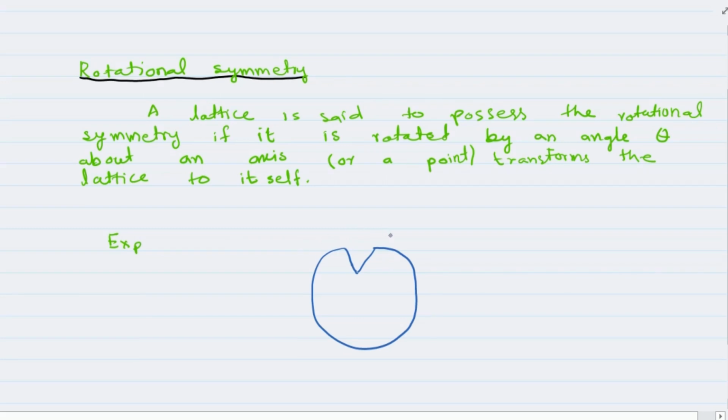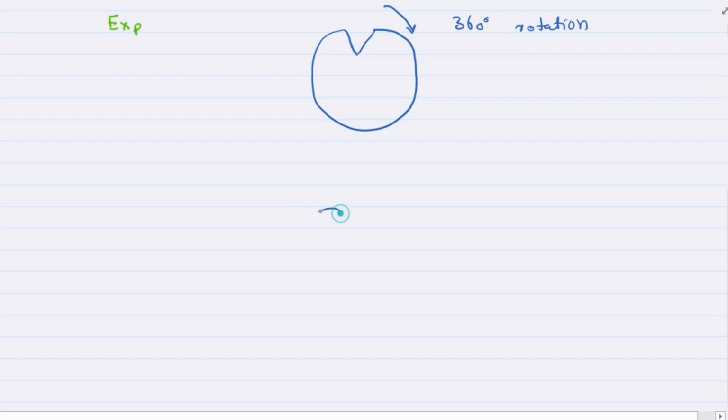After that, the circle will remain symmetric or unchanged. So after a 360-degree rotation, this circle will seem symmetric.